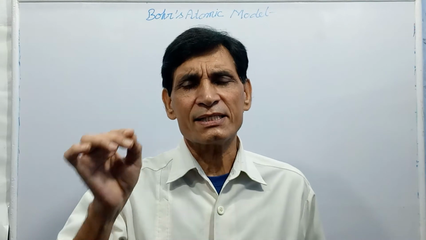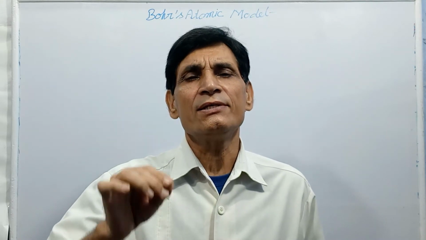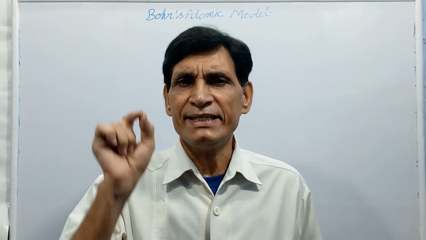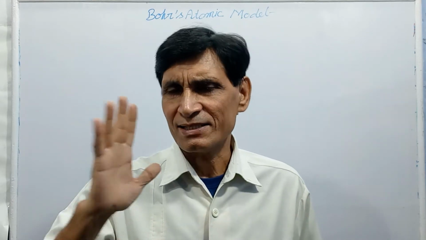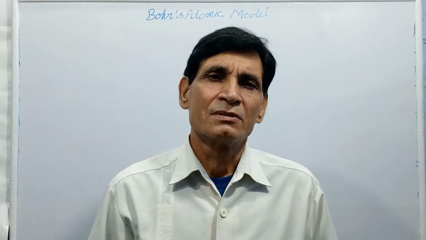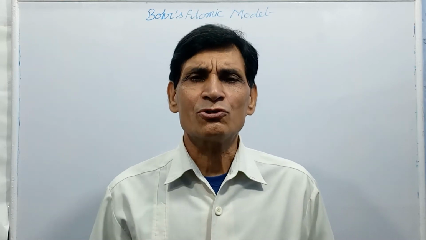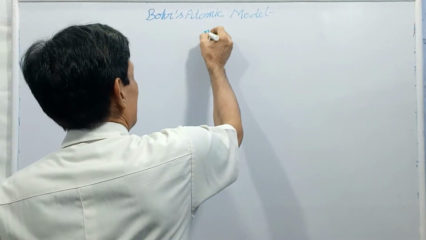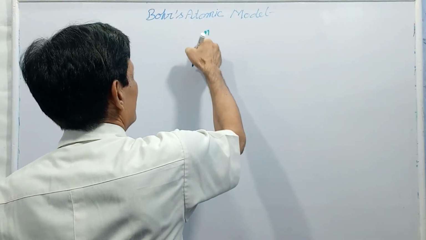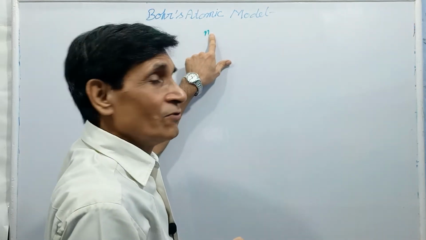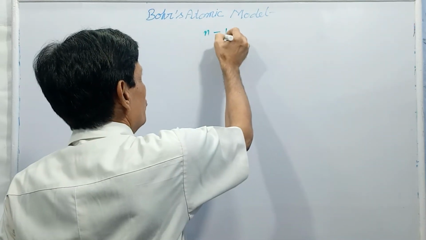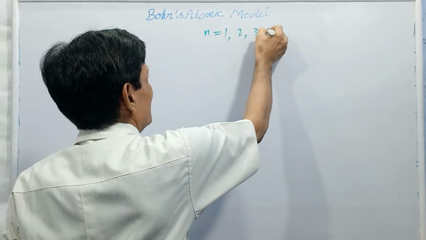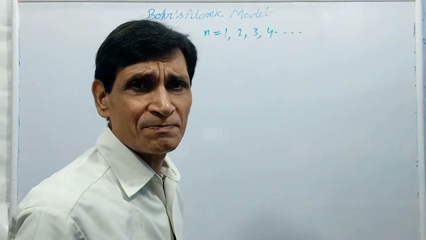Fourth point: These energy cells or energy levels, or you can say orbits or cells, are characterized by an integer n, which is called principal quantum number. N can have values 1, 2, 3, 4, 5 and so on.